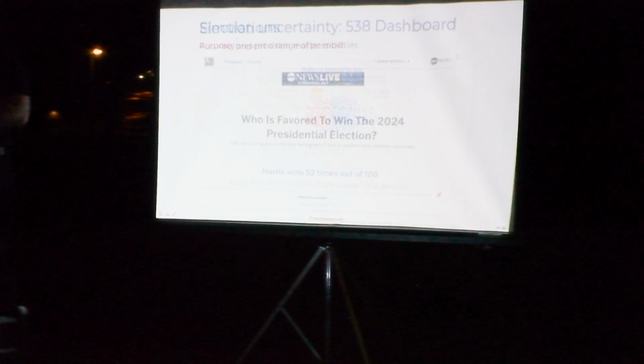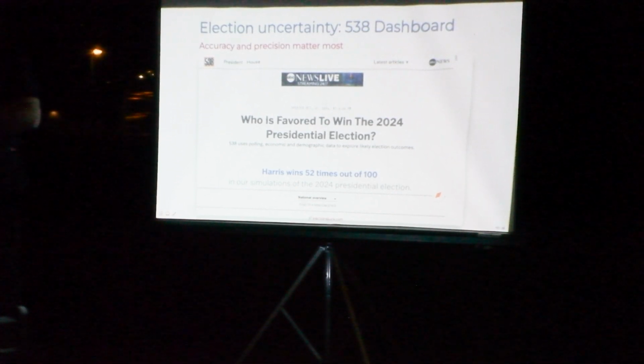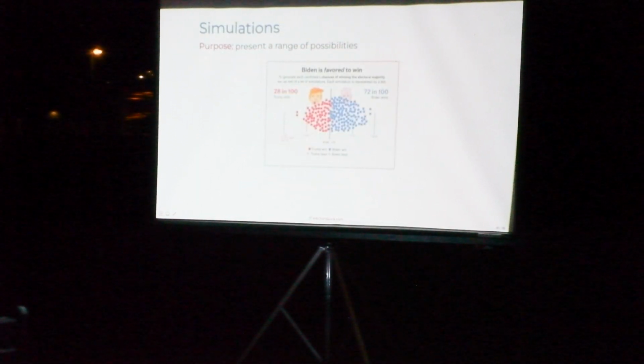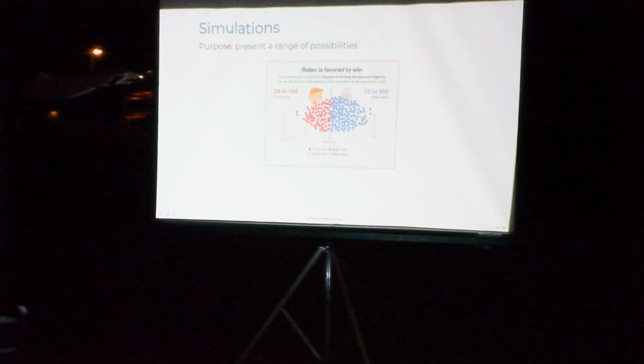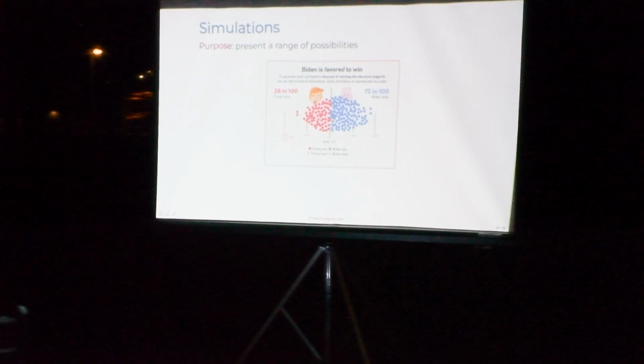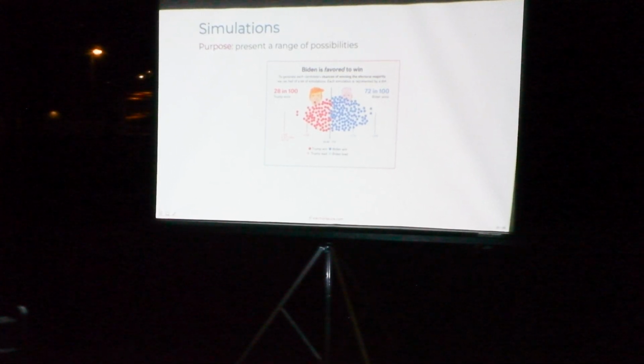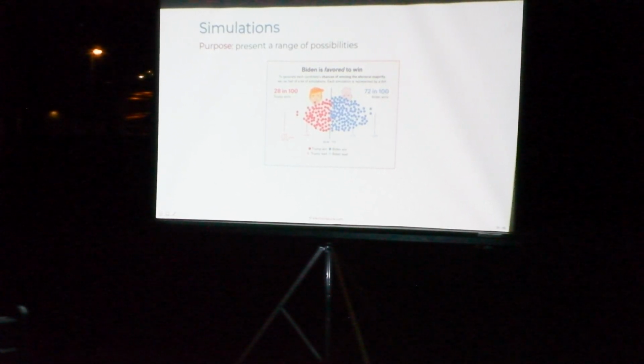So we can already see 52 times out of 100 or so. It's super tight. So let's start with simulations. This is where X person is favored to win. You can't really know, you have to predict. So these are predicted outcomes based off of several factors.